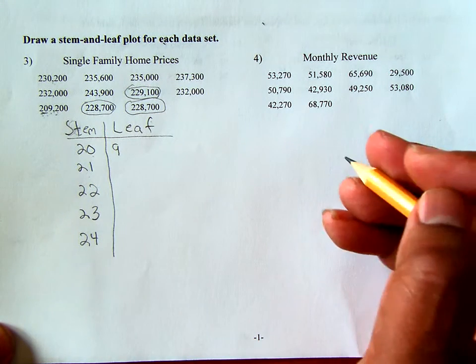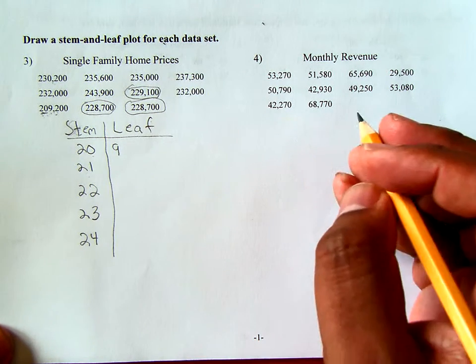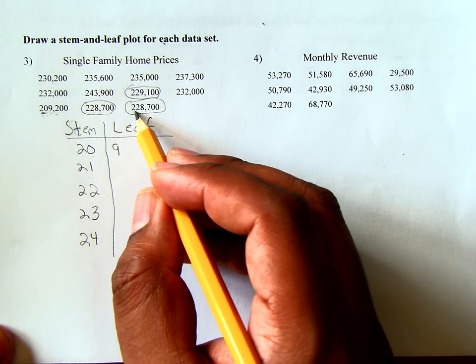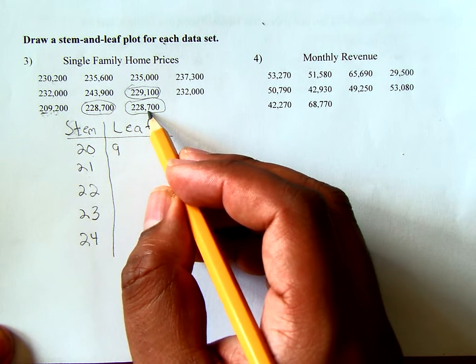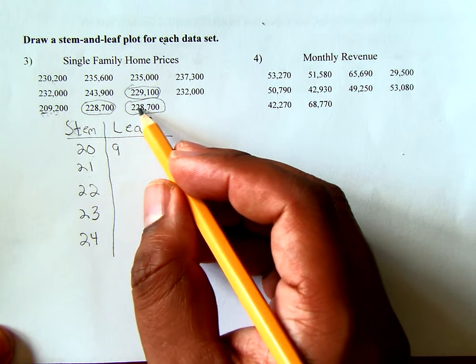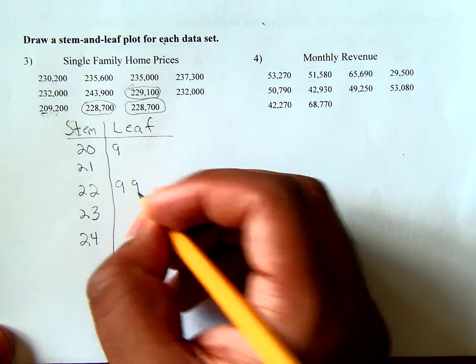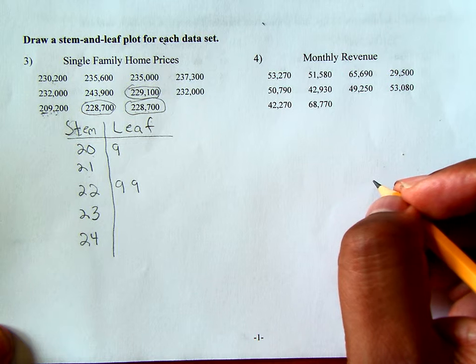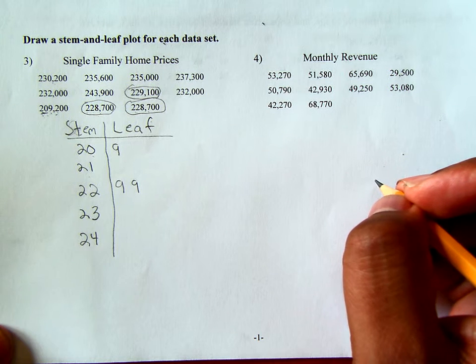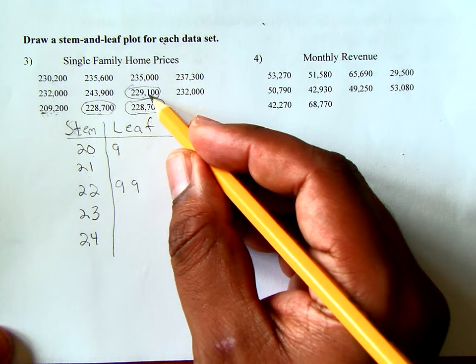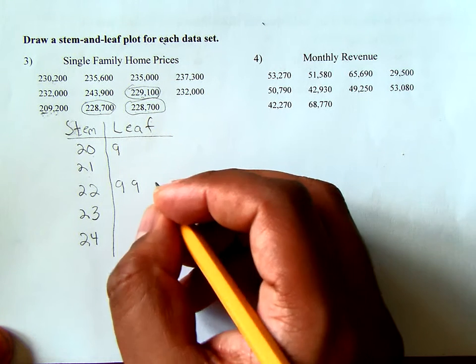Now we're going to take a look at those numbers, and the number to the right of these two here is 8. But to the right of that is 7, which is 5 or higher. So I'm going to round that up to a 9 and make both of those 9. And then I'm going to take this last one, and it's a 9. And it's not 5 or higher, so I'm going to leave it as a 9.